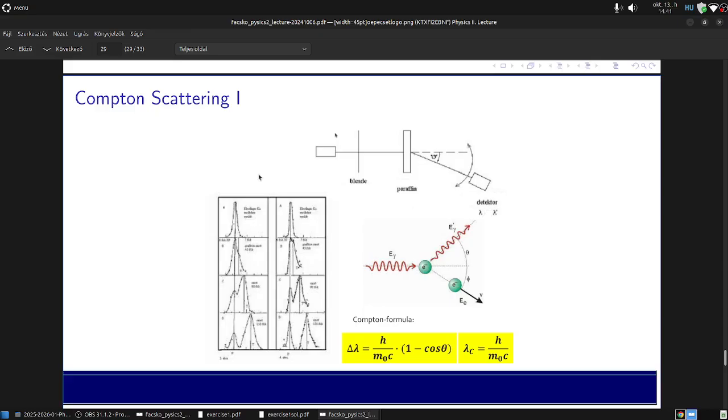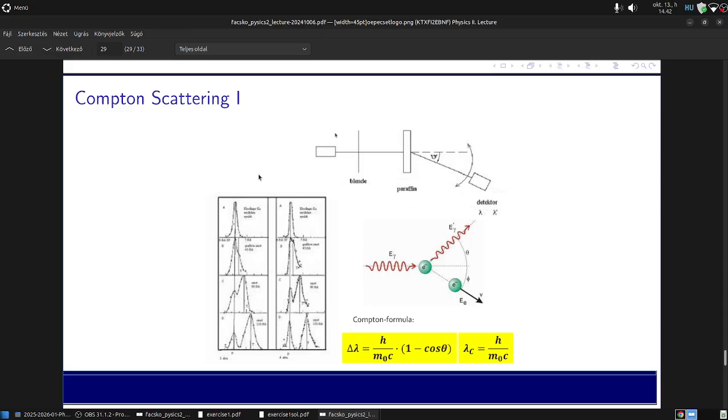So, we have a photon, a gamma photon, and it impacts with an electron. I talked about positrons.